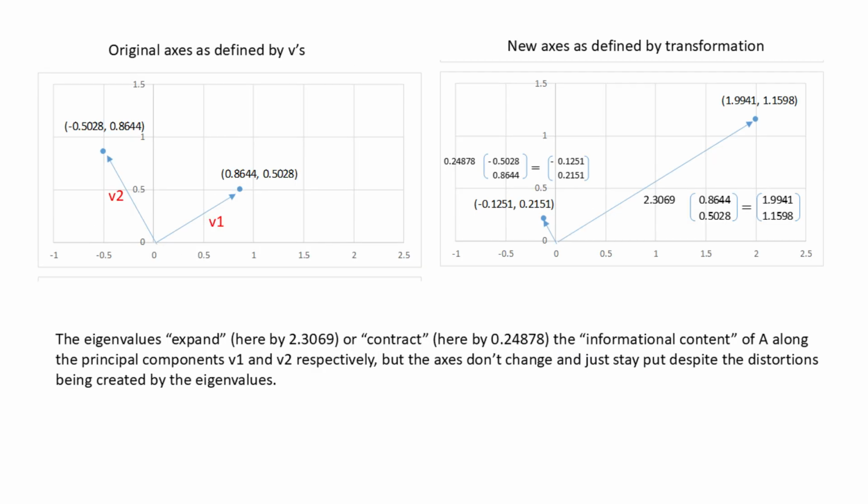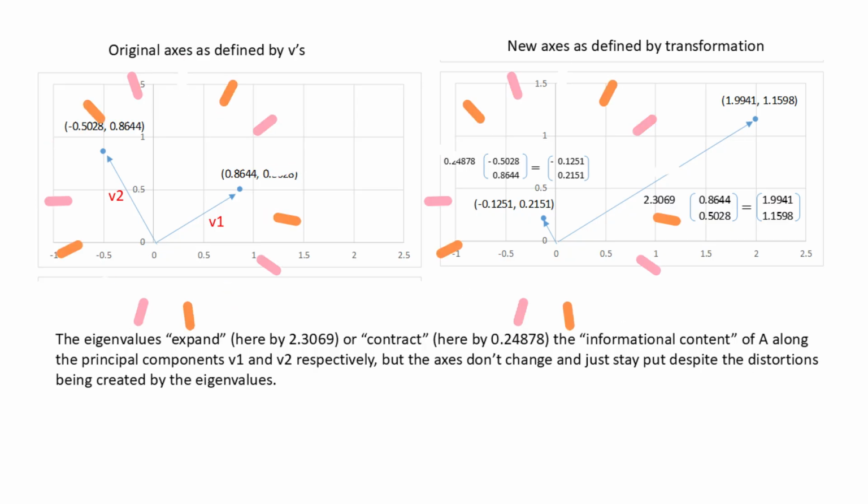So here, eigenvectors v1 and v2 define the two principal components that remain invariant no matter how much the vectors get squished or pulled by the eigenvalues. In our example, the eigenvalues expand here by 2.3069 or contract here by 0.24878 the informational content of A along the principal components v1 and v2 respectively.